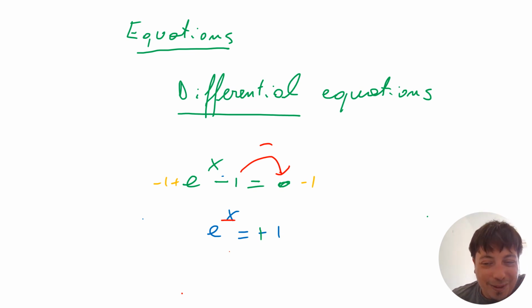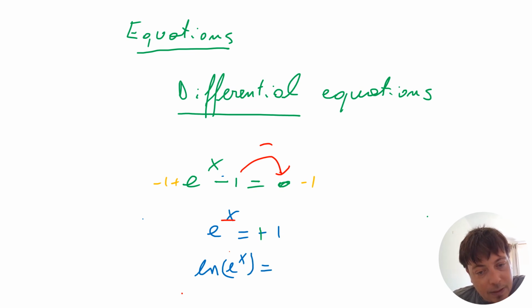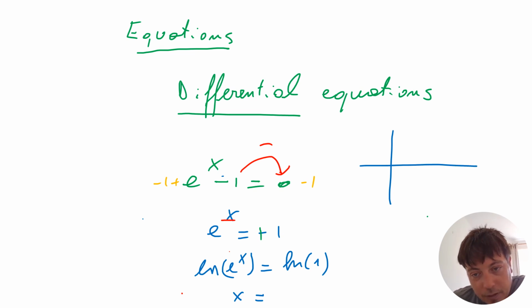So let's keep it simple for today. So how do we go from the exponential to x? We go logarithm. We take the natural logarithm of both sides. And then we get x because it's the inverse function, so the base is the same, and the logarithm of 1, if you remember the logarithm function, I mean, we can check it in many ways, but this function is 0 when the argument is 1.